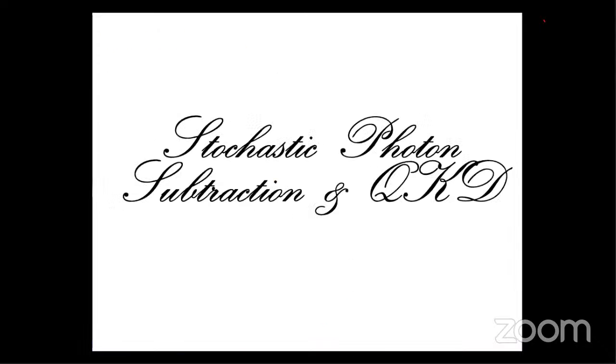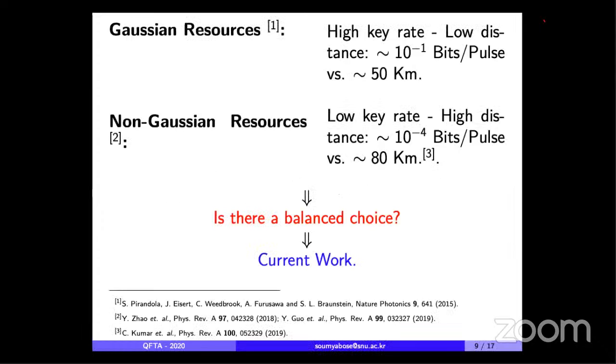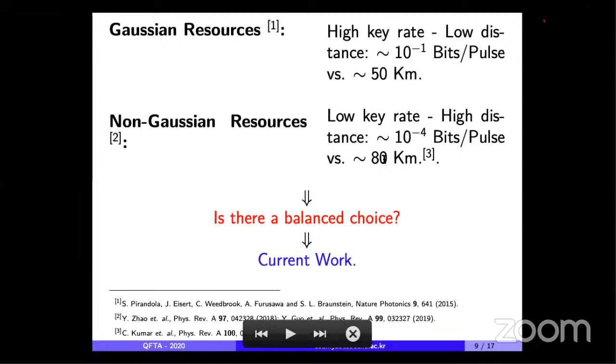Here I will explain all this with stochastic photon subtraction. Before I go to that, you can see that at a very large distance like 80 kilometers, the key rate falls to 10 to the power minus 4. One may ask, what is the reason for having such a low key rate? The point is that the kind of non-Gaussian resources we used were essentially generated by a process called photon subtraction.